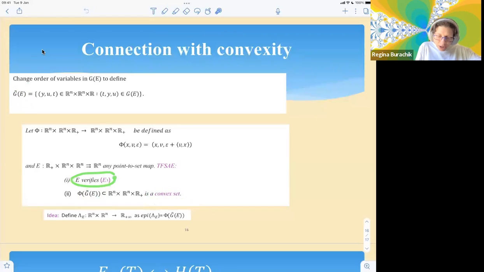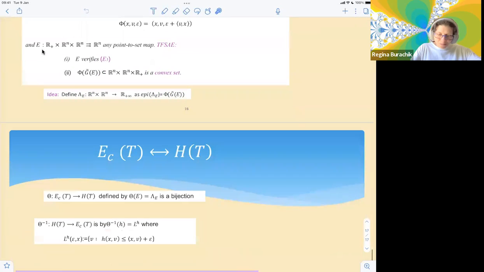So this gives you the connection with convexity. Now, moreover, given any enlargement E, you define the convex function lambda E as that unique function that has for epigraph this set phi of g tilde.